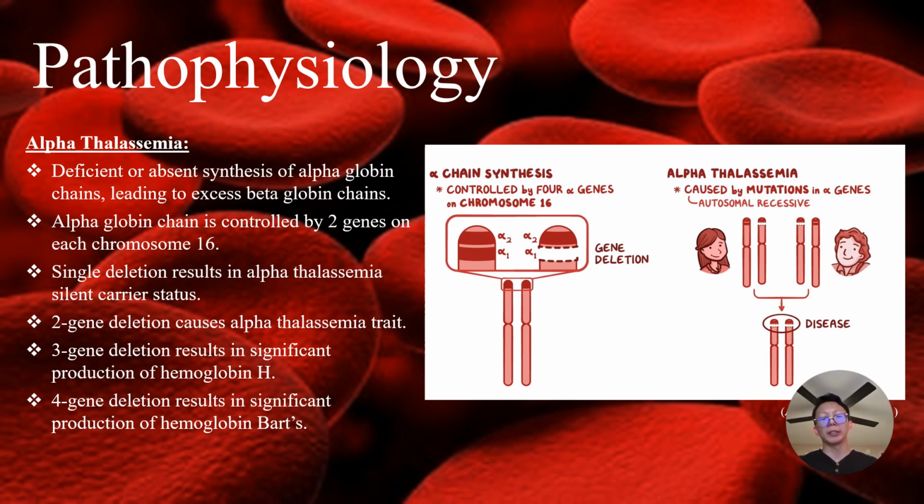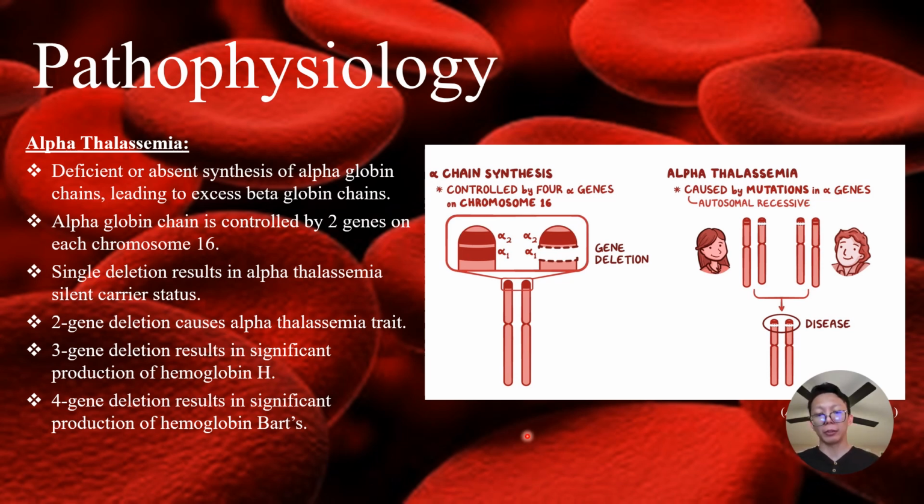The severity of alpha thalassemia usually varies depending on the number of affected alpha globin genes. As you can see down here on our slide, a two gene deletion usually causes thalassemia traits. A three gene deletion results in significant production of hemoglobin H, and with a four gene deletion, that can result in a significant production of hemoglobin Barts.